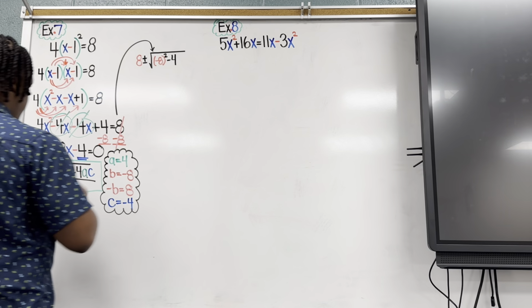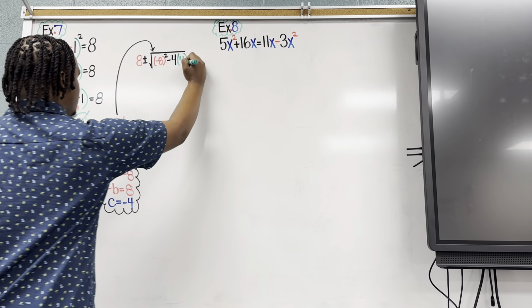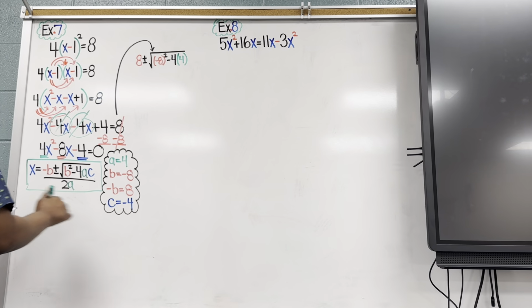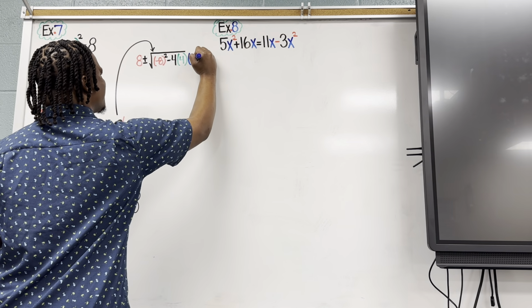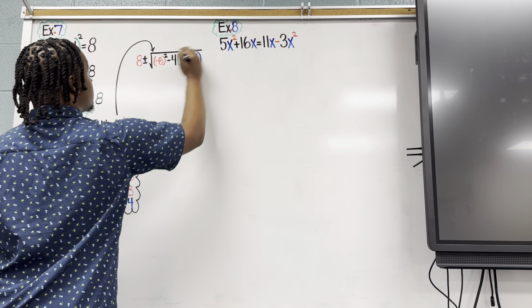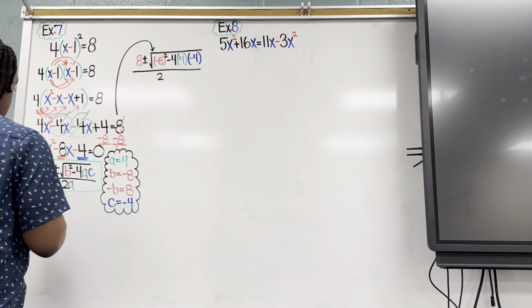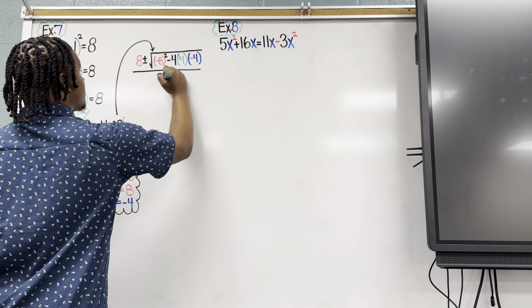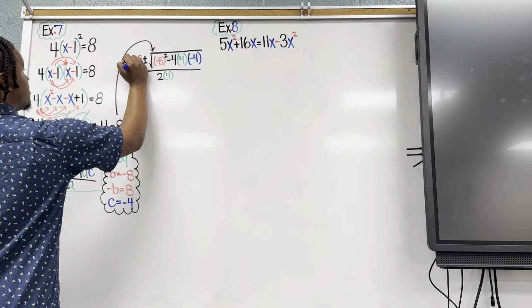A is a positive 4. So 4 minus 4 times 4, times c. C is a negative 4, so times negative 4. All divided by 2 times a, which is 2 times positive 4. Remember, this is what x equals.